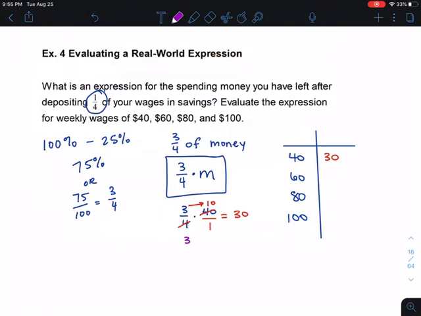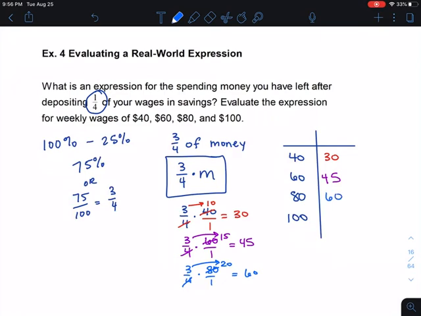If I took 3/4 and multiplied by 60, which I'm going to write as a fraction, I know 4 divides into 60 15 times, and 3 times 15 is going to give us $45. If I had 3/4 of 80, 4 goes into 80 20 times. 3 times 20 is going to give us 60.